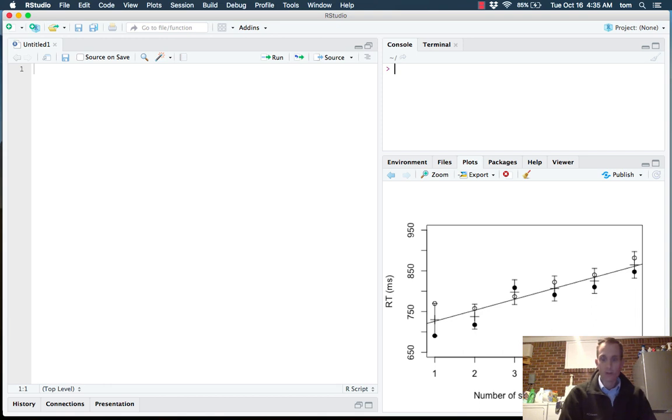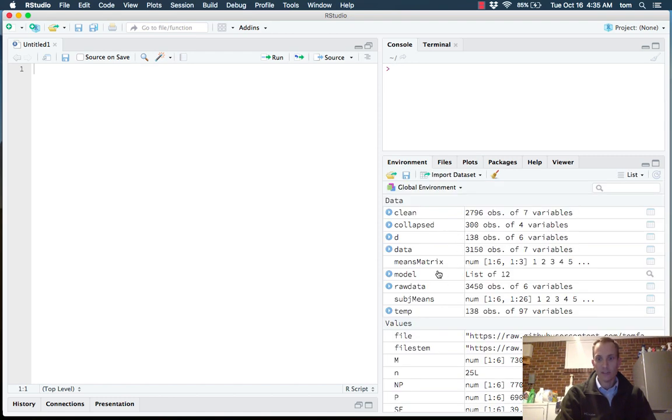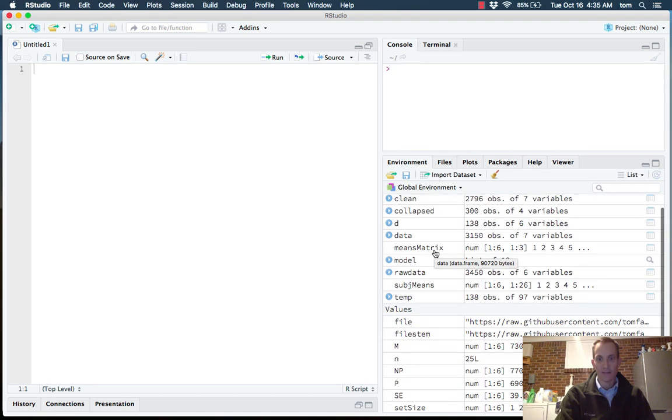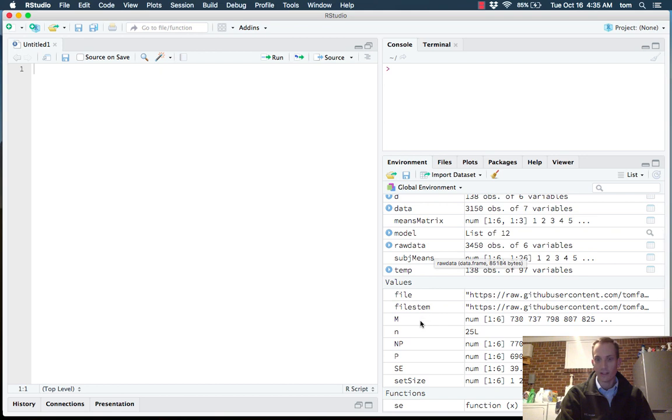We're going to start assuming that you have made this plot. We're going to make some new plots, but you'll need the data that was generated to make that. The things in the environment here should look familiar. Specifically, you should have something called P and NP and something called set size. Once we've got that, we can go from here.